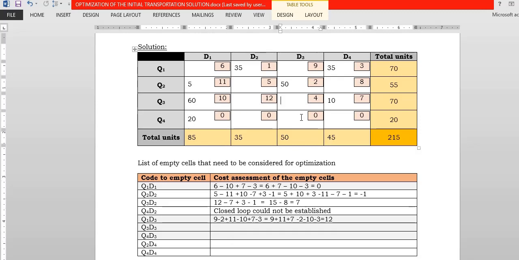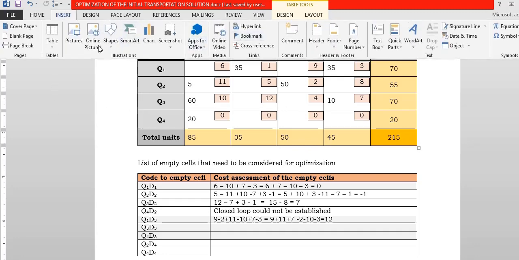We check if there is a closed loop. Q3D3 is here, so a closed loop should be between, let me see, if we move from here up and right and down and back, that is how we're going to get a closed loop there.